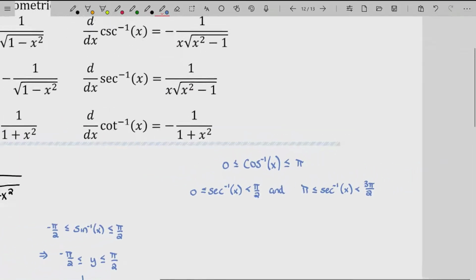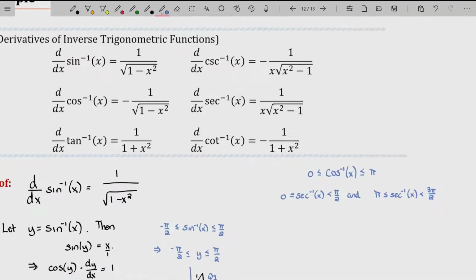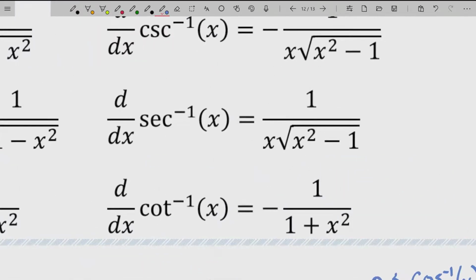So recall, we're claiming that the derivative of the secant inverse is 1 over x times the square root of x squared minus 1. Well, we're going to start the same way we did the other example. We're going to let y equal the secant inverse of x.